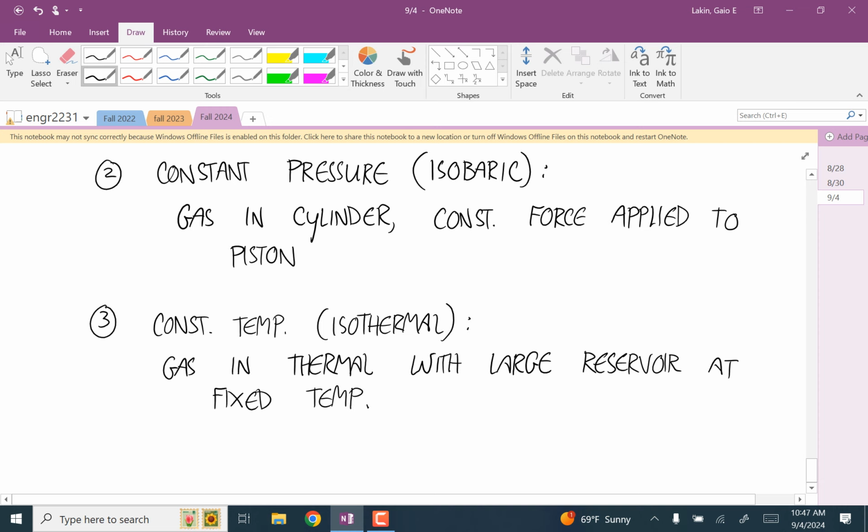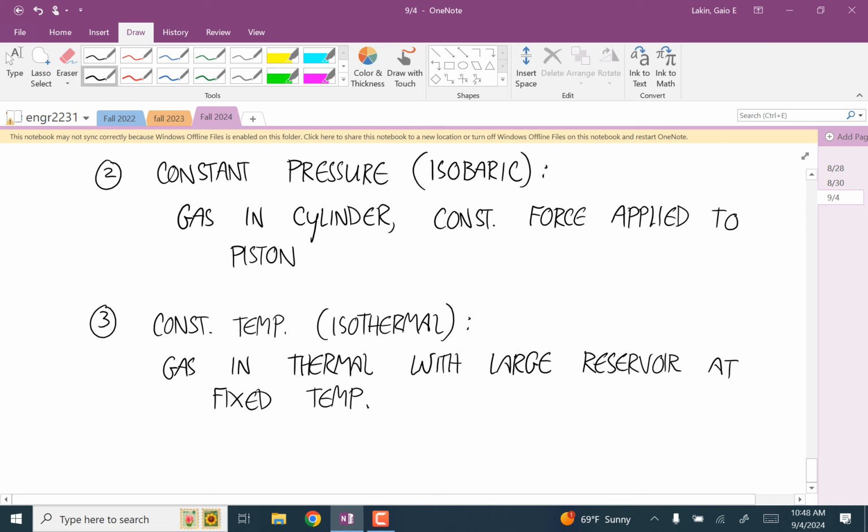So you can imagine the cylinder being submerged in a large container of water that's at a fixed temperature. If you're doing your calculation slowly enough, and imagine that the cylinder is made out of copper or something that has good thermal conduction.